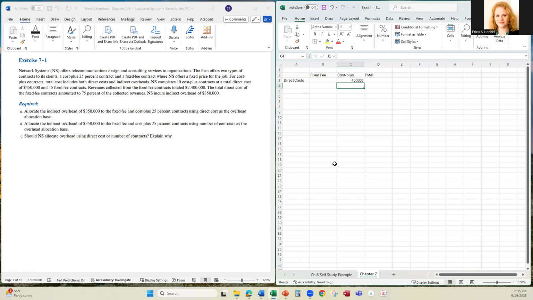Oh, wait, let's see. Total direct costs, 75% of revenues. Okay, so this one, the fixed fee is going to be 75% or 0.75 times the total revenues of 2.4 million. Okay, so 1.8 million here.